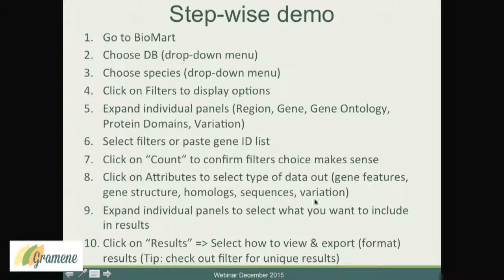Those are the options that you have to download in your results. Then you can expand individual panels to select what you want to include, and when you click on the results, you're gonna be able to select how to view it, if you want to export it, the format that you want, and just remember to use the unique flag so you can remove duplicates.